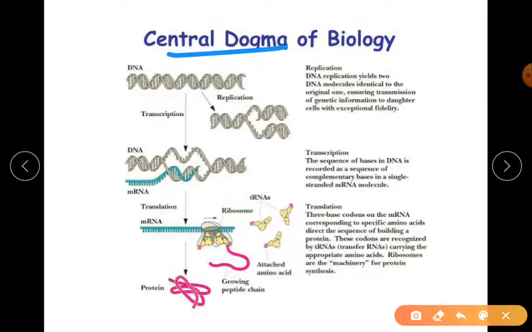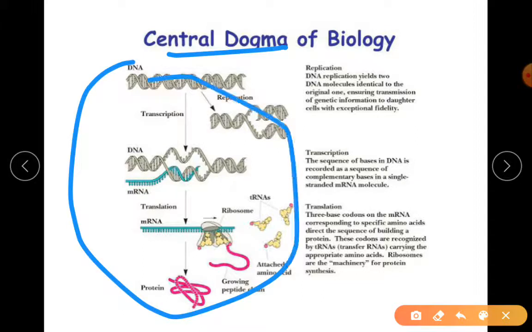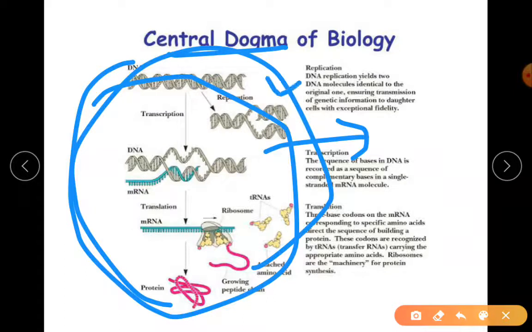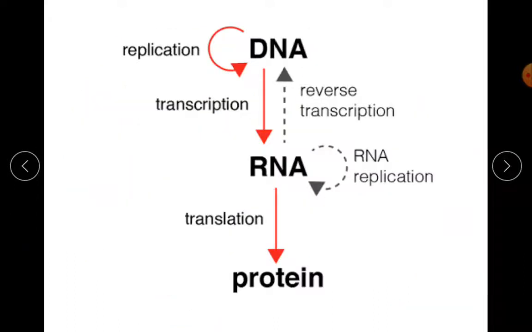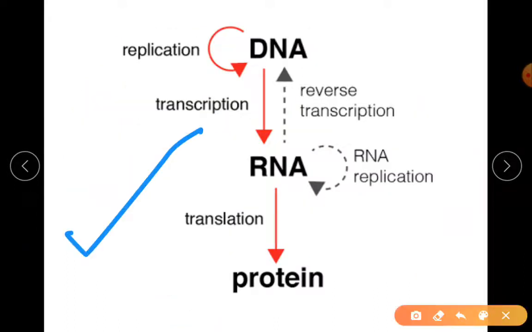So central dogma, just remember this in detail. I'm going as we go further. First you should know the basics. So this is called central dogma, the whole thing: DNA replication, transcription, translation. This is all your gene expression. We are talking about gene expression. So this is your central dogma.